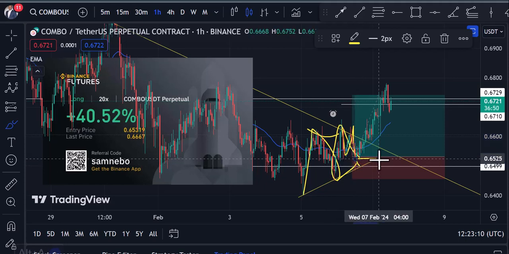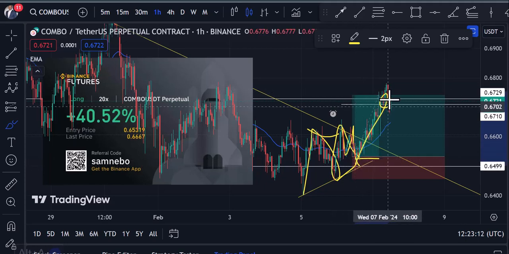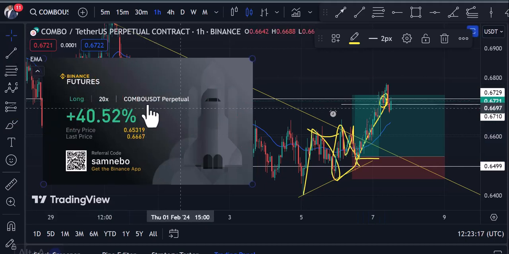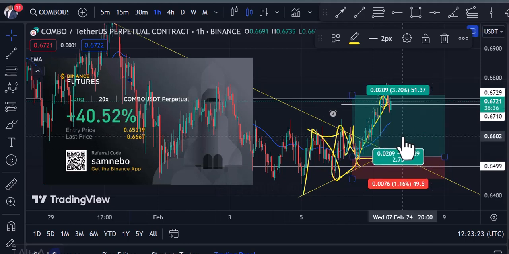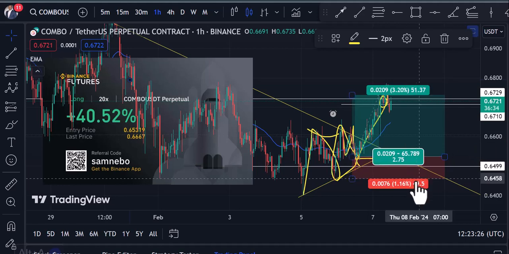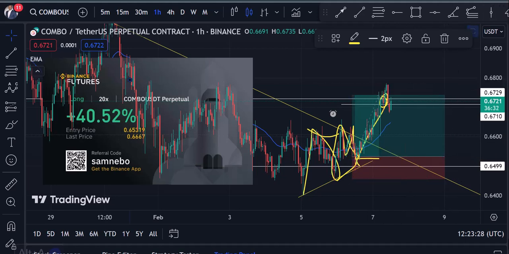So I entered the trade here, expecting this to play out, which it did as we expected, and it gave us this 40%. All right, so the same concept applies in Forex, in every pair you're trading, and I also trade Forex too, but now I'm just trading a lot of crypto.